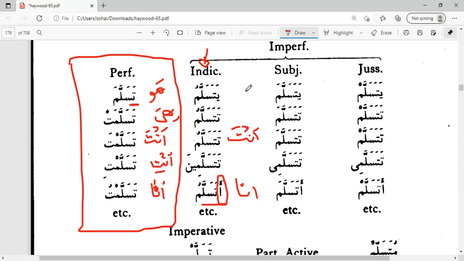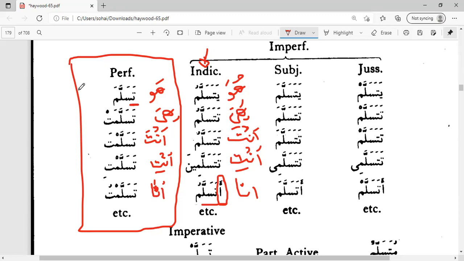Antuma tatasallamani, antum tatasallamuna, anti tatasallamina, antuma tatasallamani, antunna tatasallamna, huwa yatasallamu, huma yatasallamani, hum yatasallamuna, hiya tatasallamu, huma tatasallamani, hunna yatasallamna.